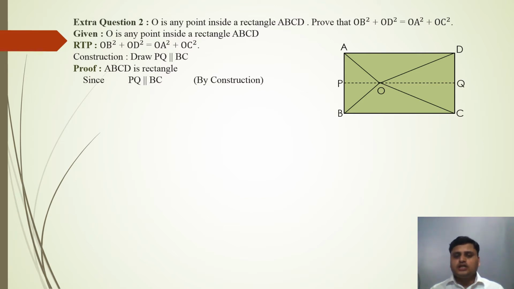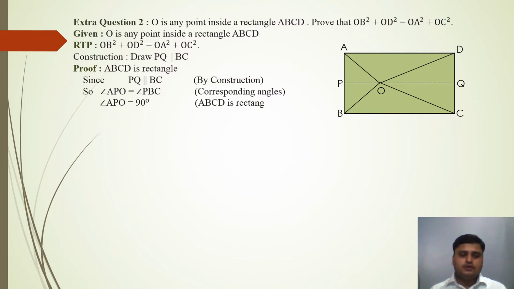So we will use the concept of corresponding angles: angle APO will be equal to angle PBC, and the reason we will write is corresponding angles. So if angle B is 90 degrees, angle APO is also equal to 90 degrees, because ABCD is a rectangle and all vertex angles are equal to 90 degrees. After this, we can also say that OP is perpendicular to AB.